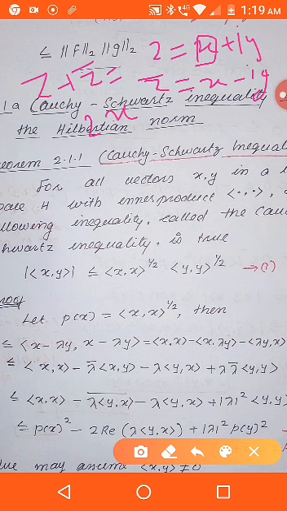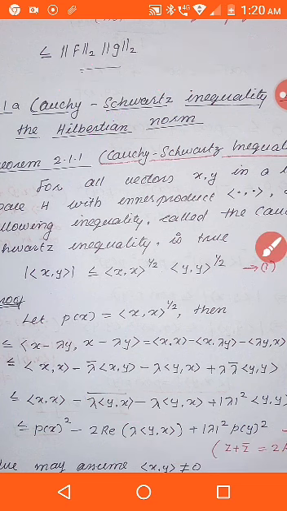Similarly, here we have minus lambda into the inner product of y, x conjugate, of the form z bar, plus lambda into the inner product of y, x. This is of the form z plus z bar, which can be written as 2 into the real part of lambda into the inner product of y, x.